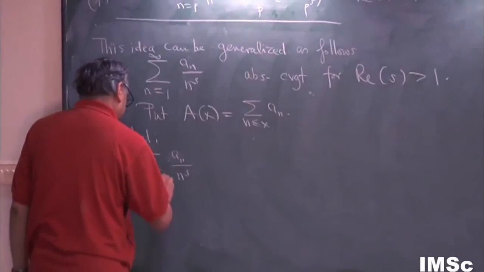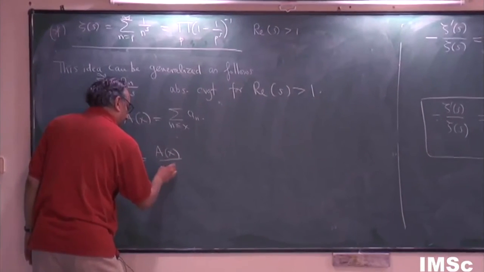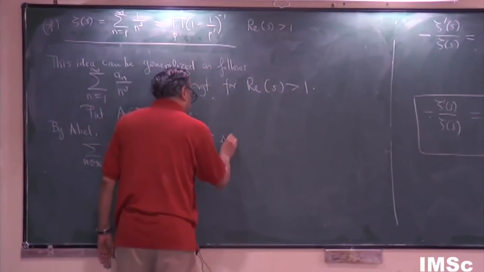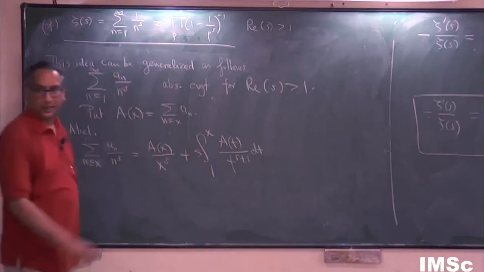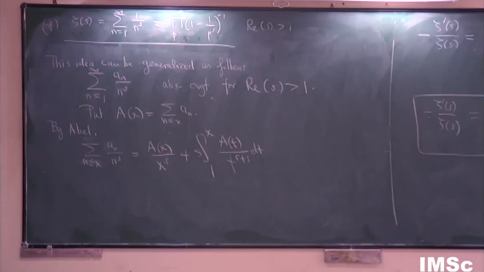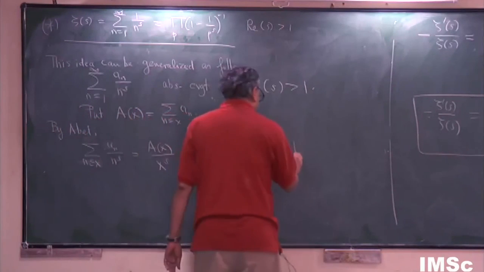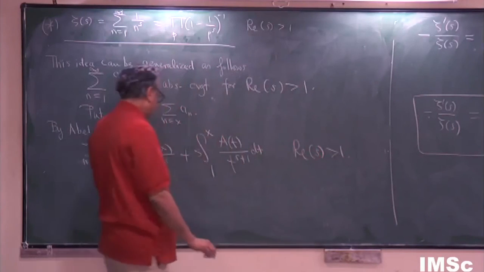The sum over n less than x is going to be A of x over x to the s minus the integral from 1 to x of A of t over t to the s plus 1 dt, and there's an s there, and there's a plus 1 there, right? That's basically redoing what I just did for the Riemann zeta function. And this is valid for real part of s bigger than 1.